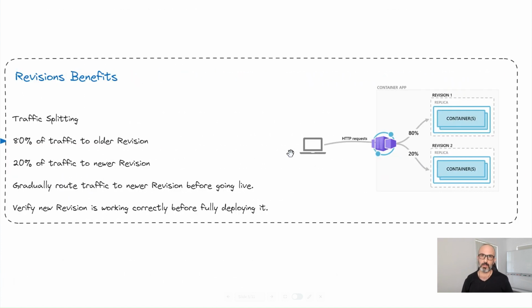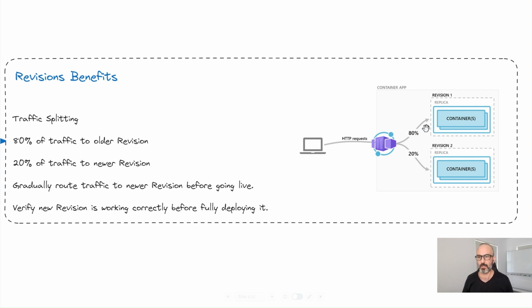One of the benefits of having multiple revisions is called traffic splitting. Let's say that you want to deploy a new image of your container and you want to test it before going live. You could use what is called traffic splitting.